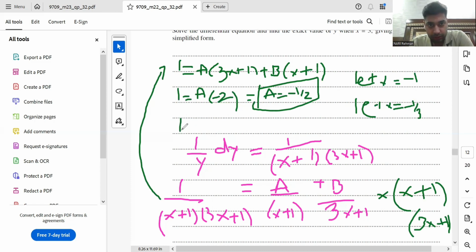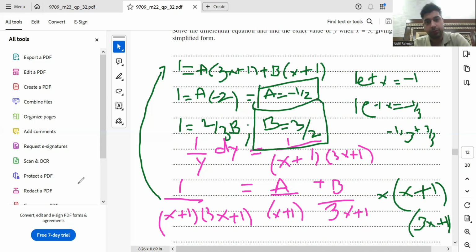Here A would become 0, while B times (minus 1 over 3 plus 1), which is minus 1 over 3 plus 3 over 3, taking LCM, equals 2 over 3. So 2 over 3 B equals 1, and B would become 3 over 2. So these are the values that we have found.